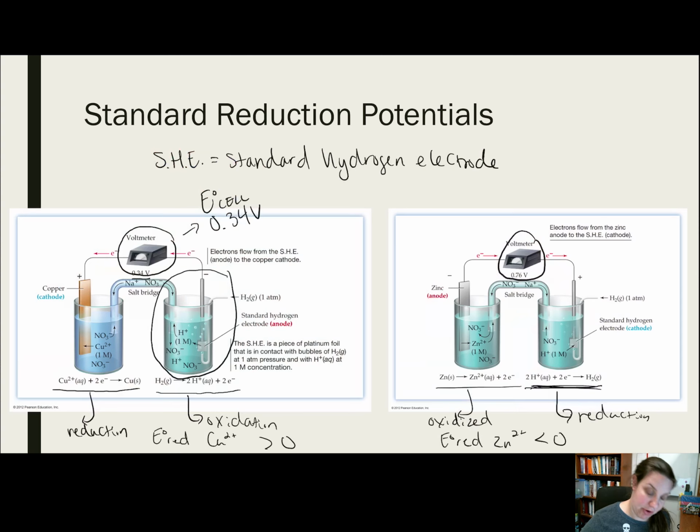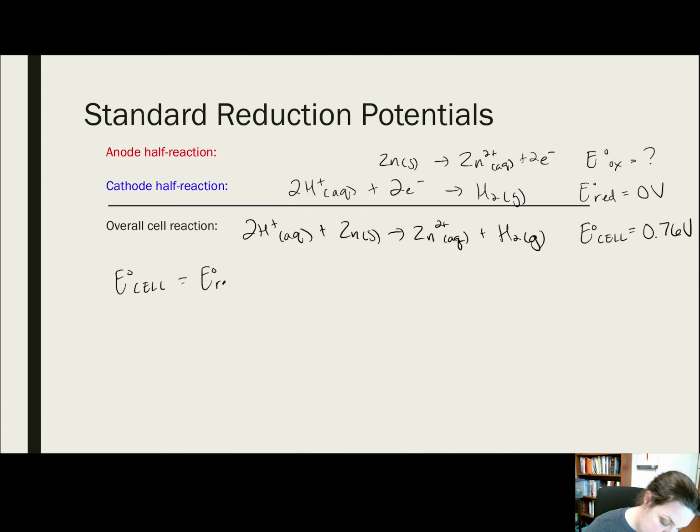And now we set up our E cell equal to a reduction of our cathode plus oxidation of our anode.